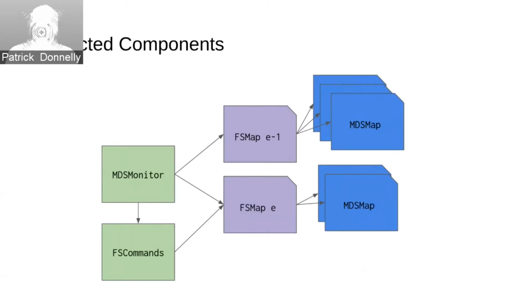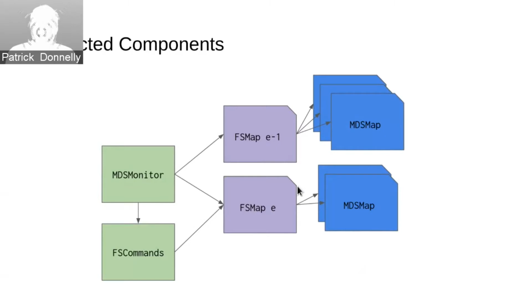And then there's this FS commands module within the monitor that is just an abstraction for performing a number of file system commands on the FS maps. For example, creating a new file system, or failing all the MDSs on a file system, or changing FS settings on a file system. Those are all routed through FS commands, which also modify the current FS map that's pending.